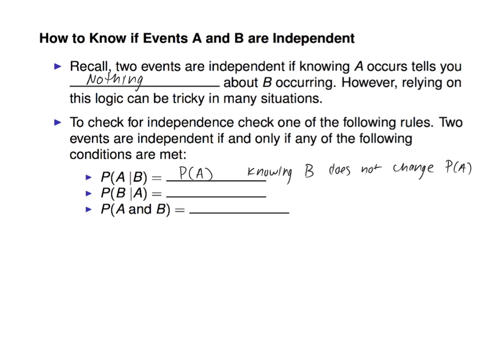How do you think that rule would generalize for P of B given A? Same thing, but with B, right? Because the order of the A and B reversed. So knowing A gives no information about probability of B. And this is the rule you definitely use the most frequently, that P of A and B is equal to P of A times P of B.